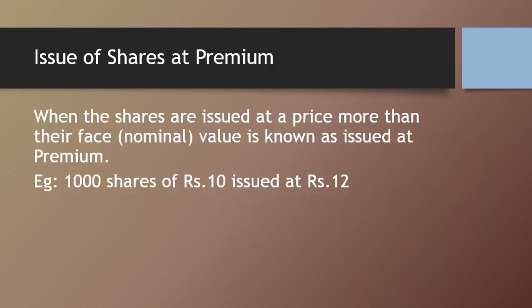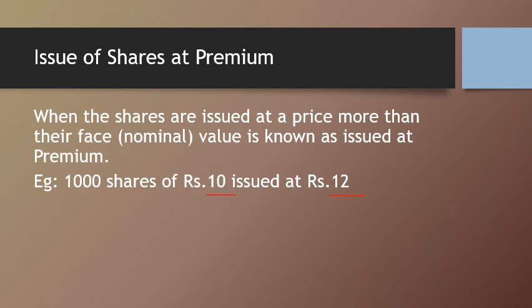Then, issue of shares at premium. Issuing shares at premium means the shares are issued at a price more than their face value. See the example here: 1000 shares of rupees 10 each issued at rupees 12.